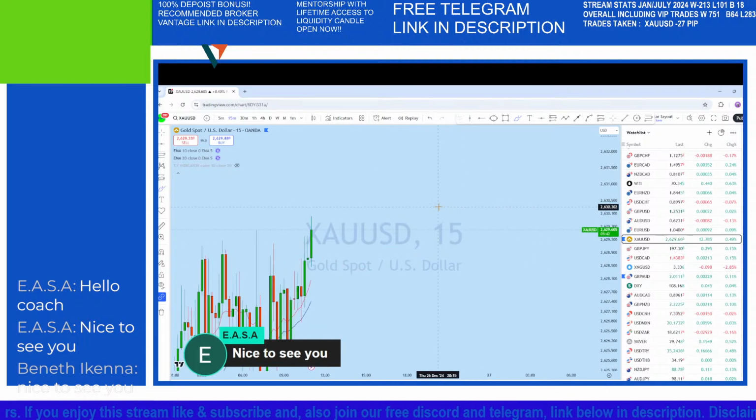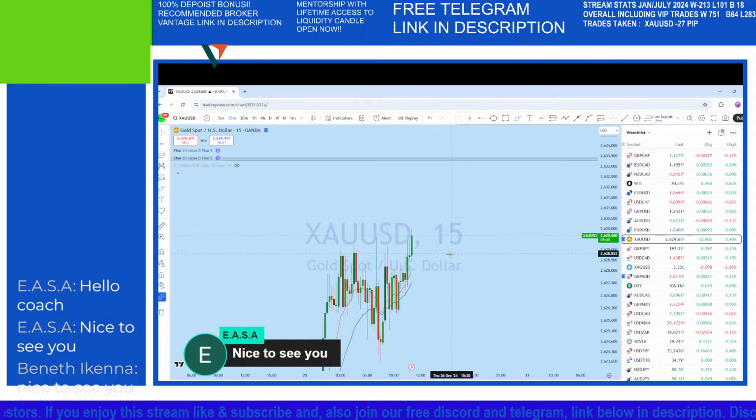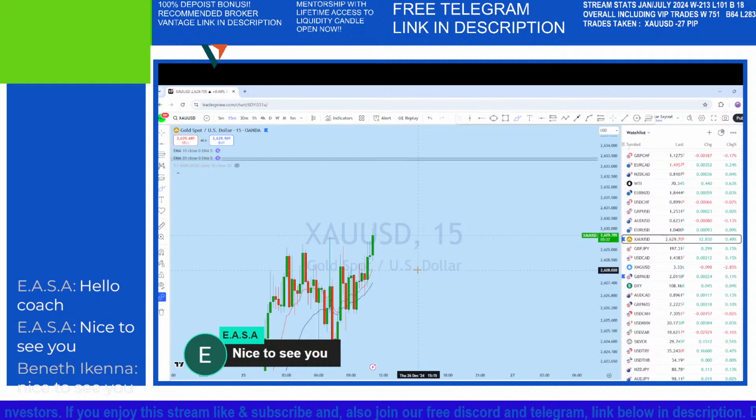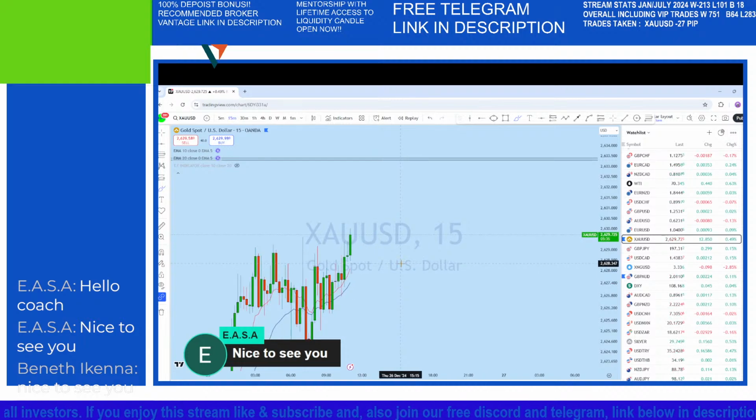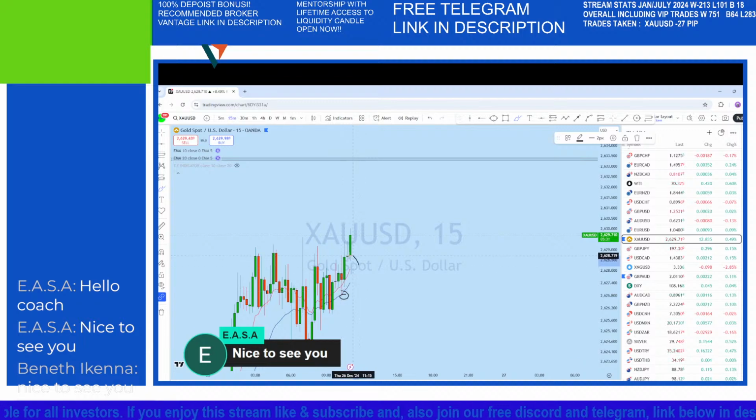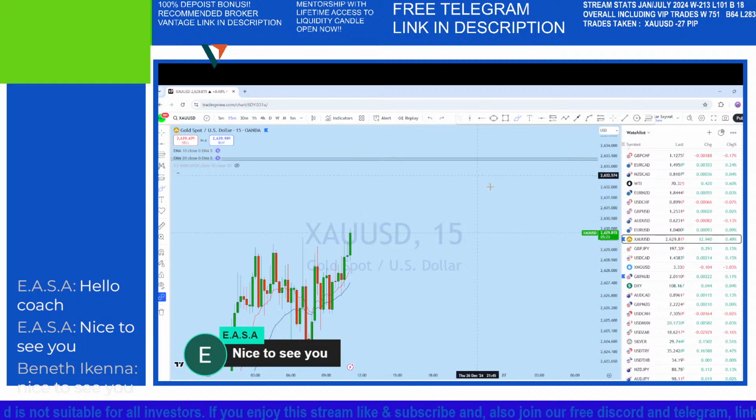What I was waiting for, this 15 minutes candle is also forming after this one. This is a liquidity grab here, and potentially there is a liquidity grab here. So if this one closes like that, we can expect the market to trend in that direction.